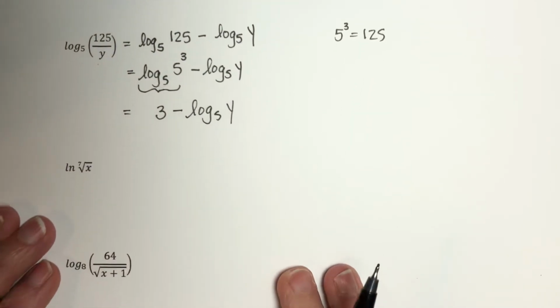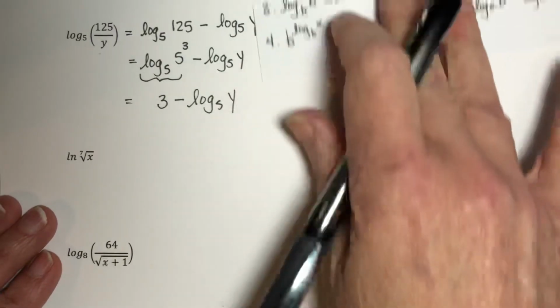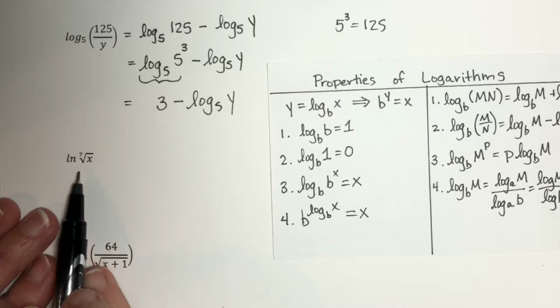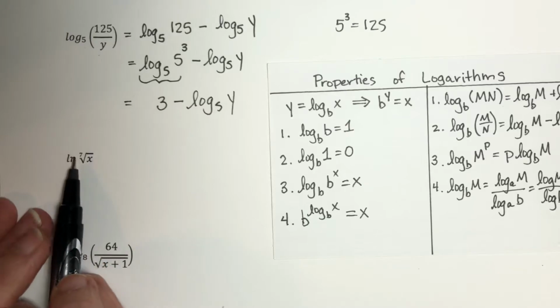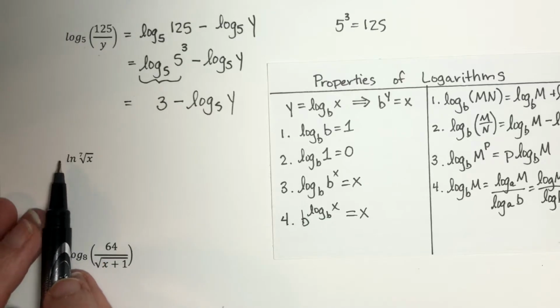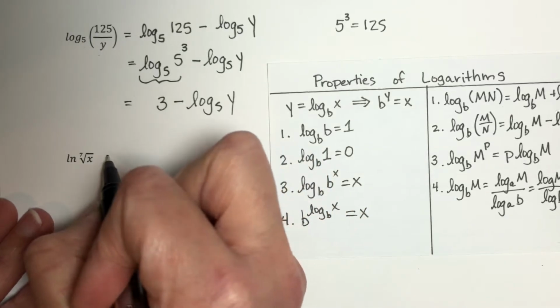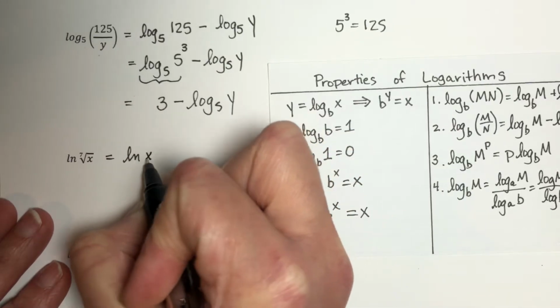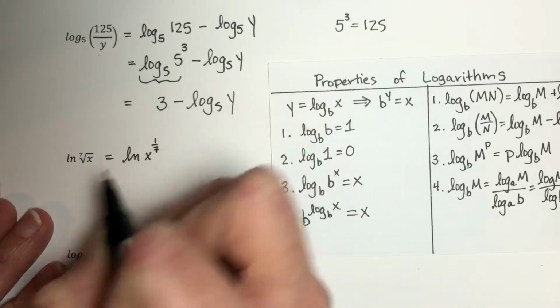All right, so let's expand natural log of the 7th root of x. Remember that we are going to be turning roots back into fractional exponents. So this is the same thing as natural log of x to the 1/7 power.